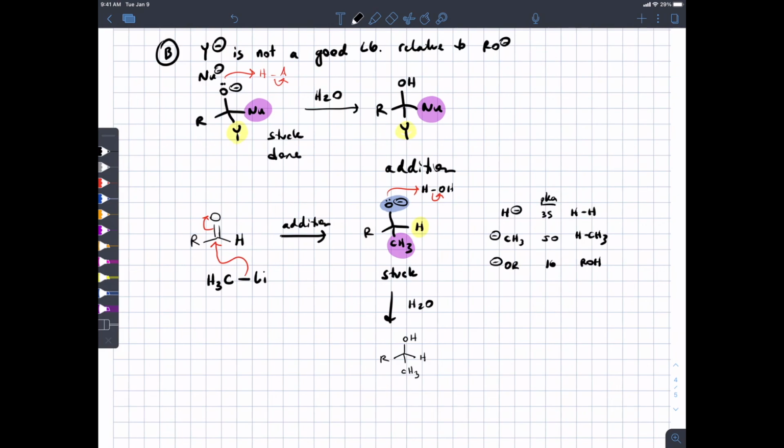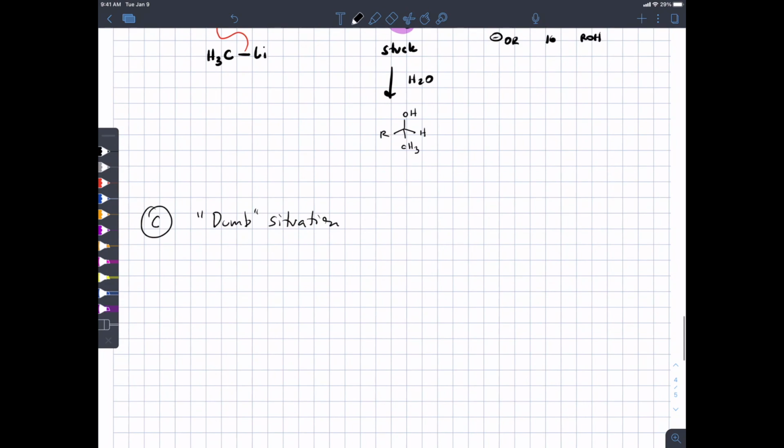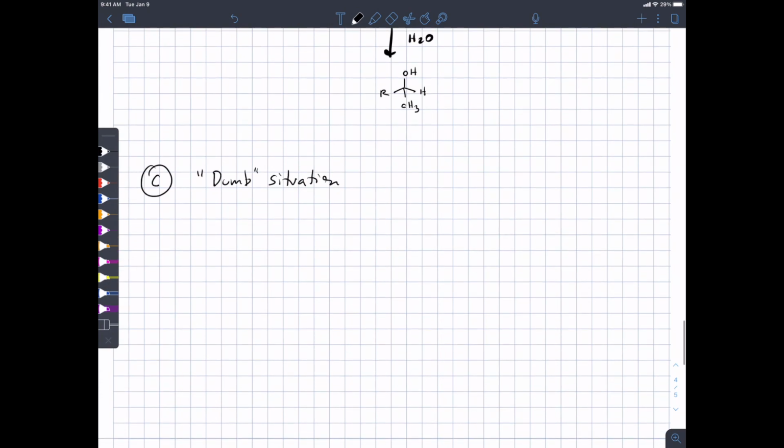The last situation I think we're going to talk about today is the dumb situation, wherein the nucleophile is a better leaving group than the thing that's already there. So just imagine you have a tetrahedral intermediate that looks like this.